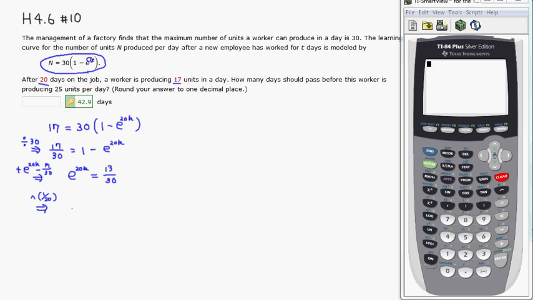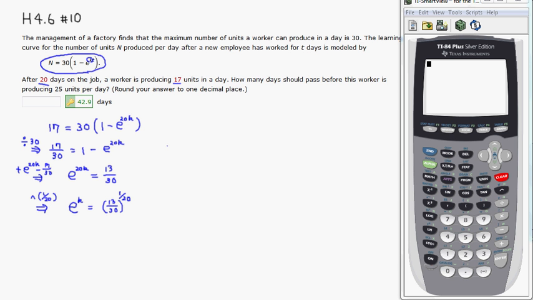You see that the 20s cancel out, so you just get e to the k is equal to 13 over 30, raised to the 1 over 20th power.